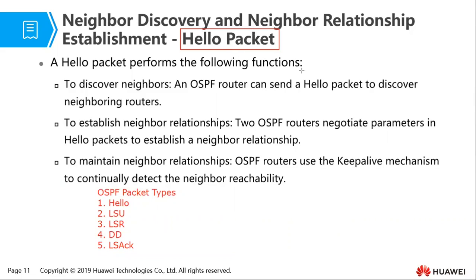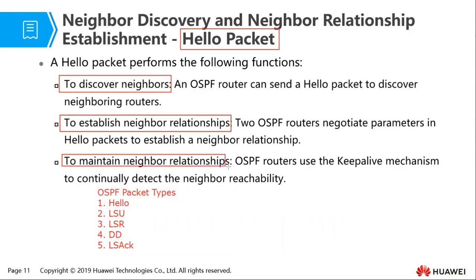It performs the following 3 functions: neighbor discovery, neighbor relationship establishment, and maintaining neighbor relationships. So discovery, an OSPF router can send a hello packet to discover the other neighboring routers.